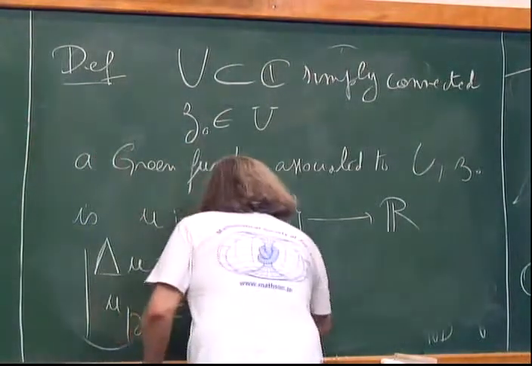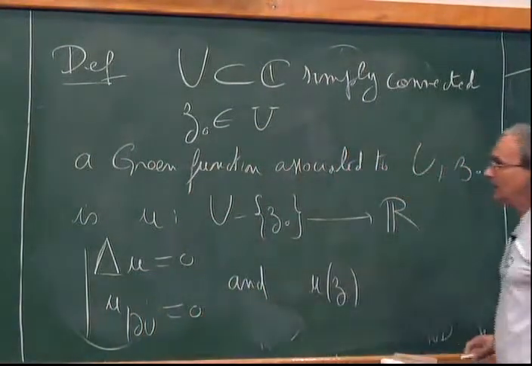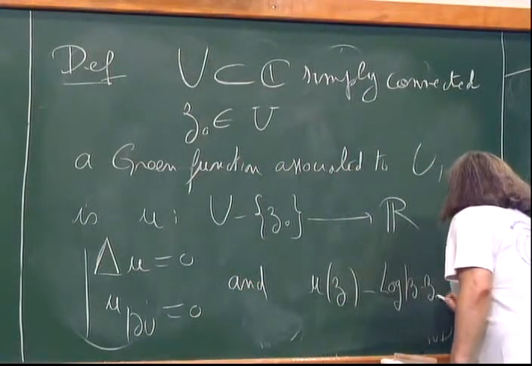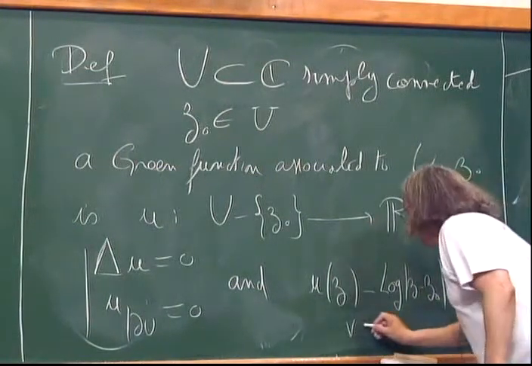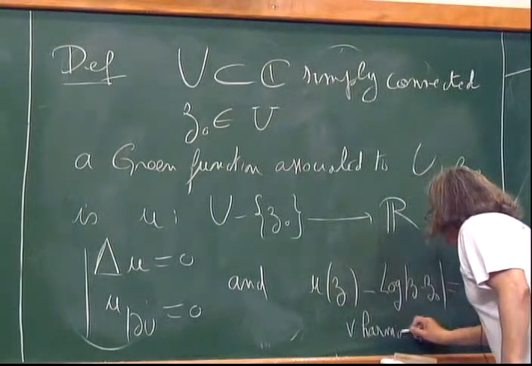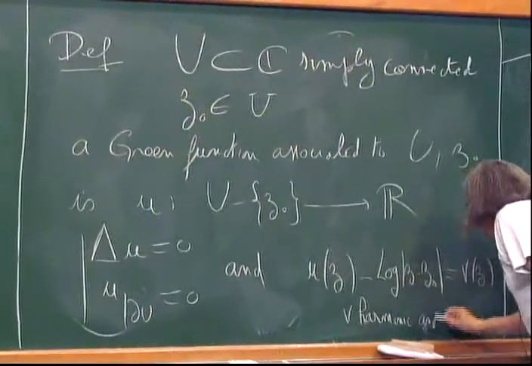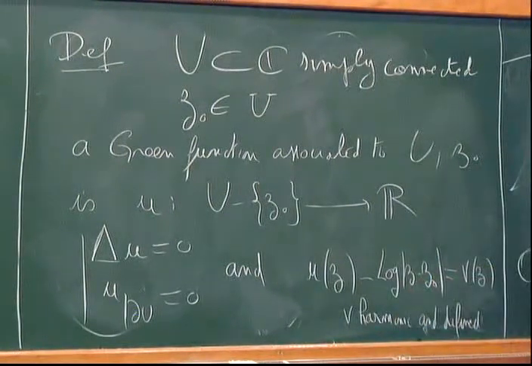And u of z minus log of |z minus z0| is a harmonic function, let's say v of z, where v is harmonic and smooth and defined everywhere in the neighborhood of z0.